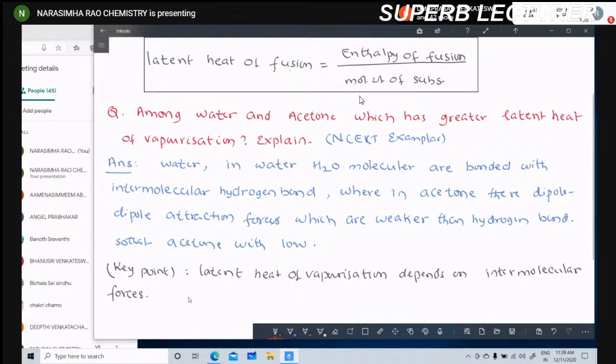Latent heat of vaporization is directly proportional to intermolecular forces. Children, is it clear? Clear, sir.